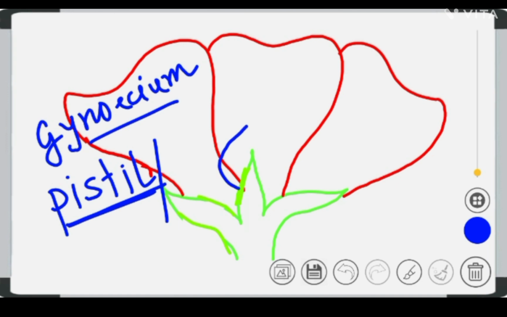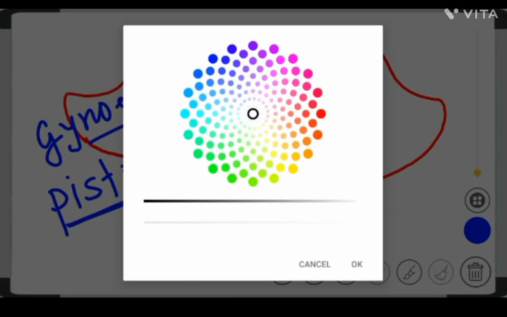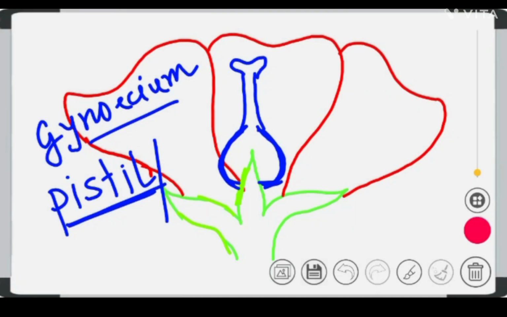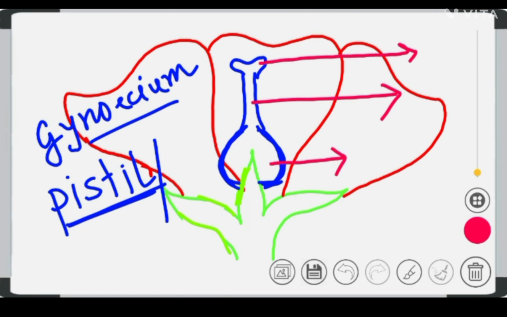Inside, the innermost portion of the flower has a flask-shaped structure, going upright and blunting at its topmost portion or tip portion. Now we will point out which parts it has: first the tipmost portion, then the stalk-like structure, and then the flask-shaped or basal swollen part.